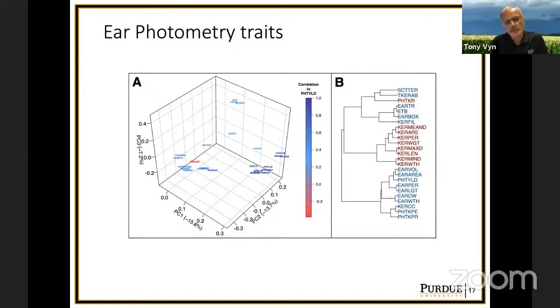Could you give me some idea as to what variation there is in the girth of the cob itself? If you had just a fixed estimate of kernel weight based on an assumption on the cob girth, that might be something that's changing across genotypes, that relationship.